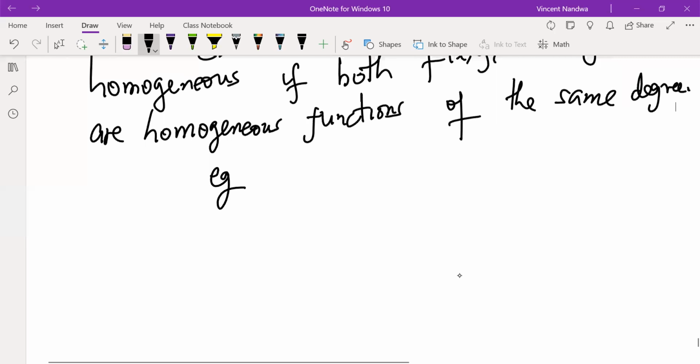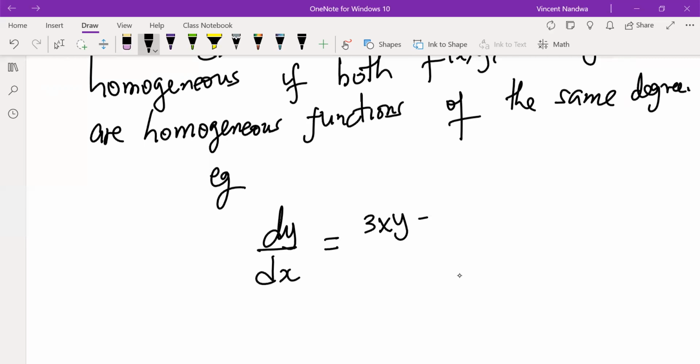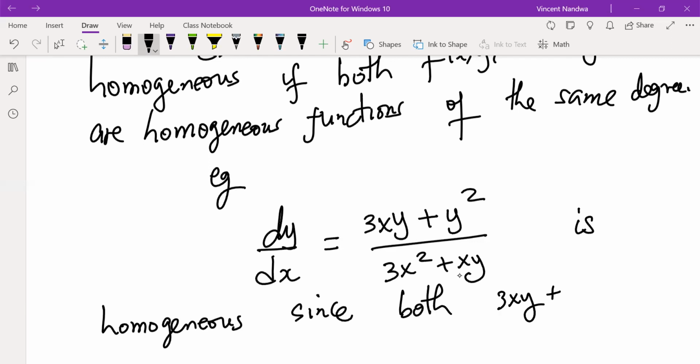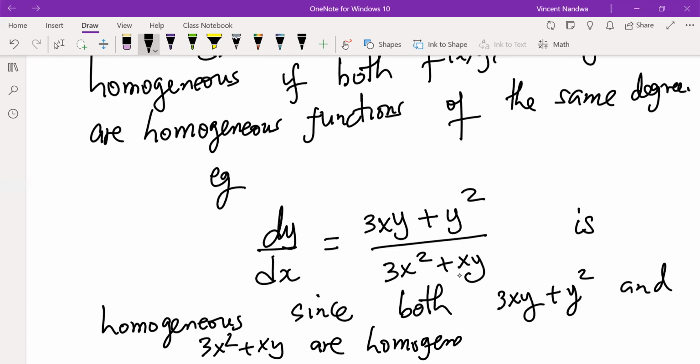So e.g., if we have dy dx given by 3xy plus y squared over 3x squared plus xy, it is homogeneous since both 3xy plus y squared and 3x squared plus xy are homogeneous functions of degree 2.